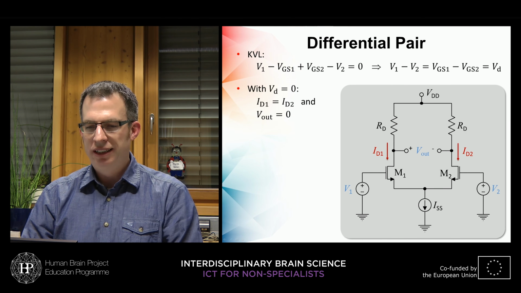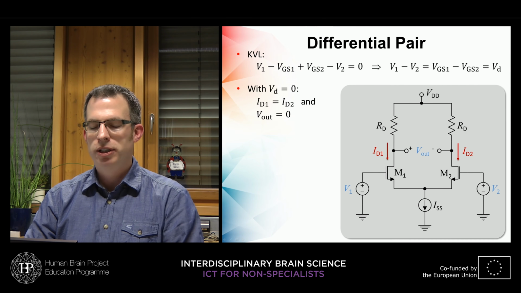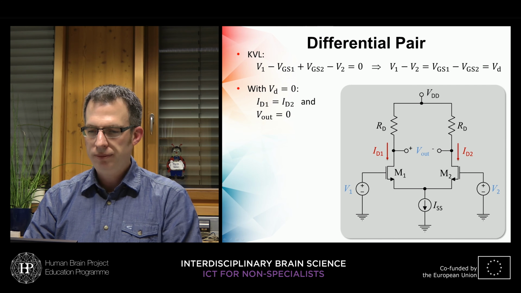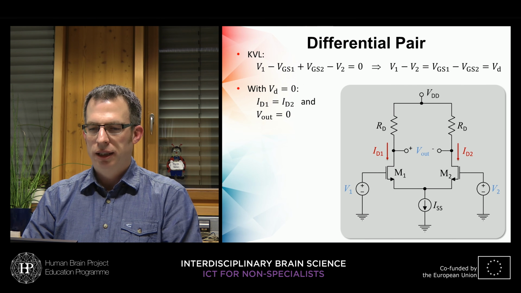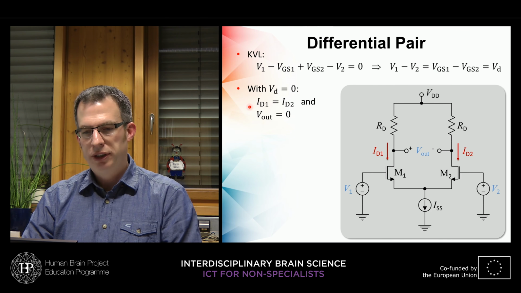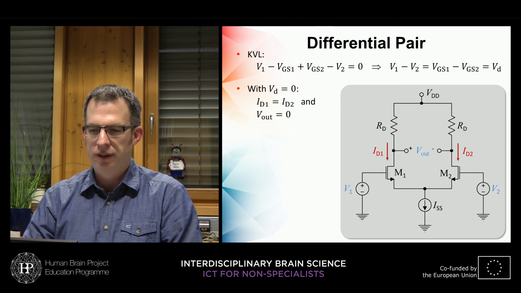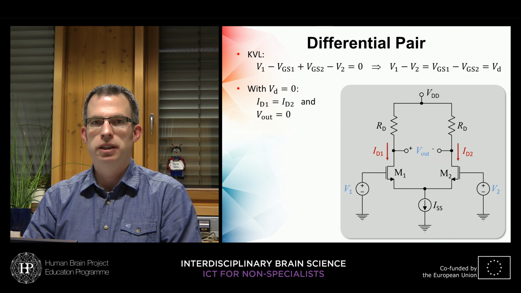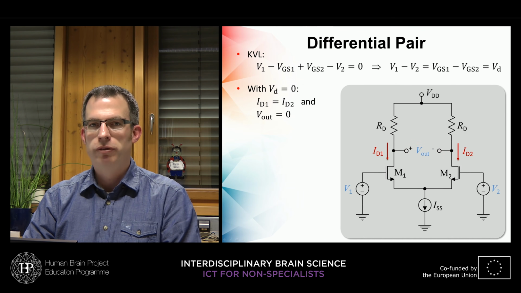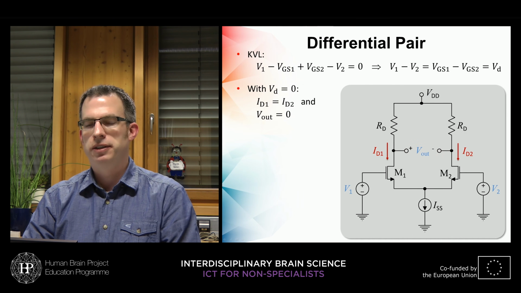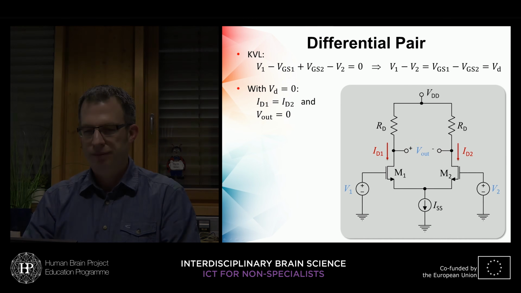And if you now say that VD equals 0, so no differential input voltage, then obviously our gate to source voltages are equal, and then the drain currents are equal, and since the drain resistances, so RD and RD, are also equal, the voltage drop is equal, and the difference between the output terminals is also equal. So the symmetry of our circuit gives us already this result.